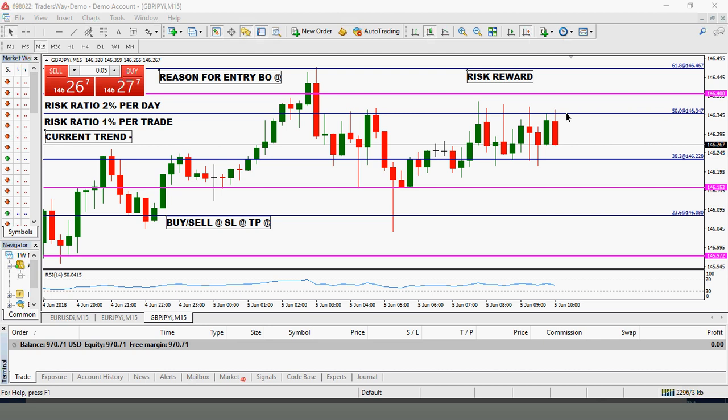But again, like I stated before, I'm looking for a break above 146.347 or a break below 146.228. Looks like it may want to break, but I need to wait for confirmation before I enter. I do have my RSI. Looks like it may break, and it did. So now I need a minimum of 10 pips.